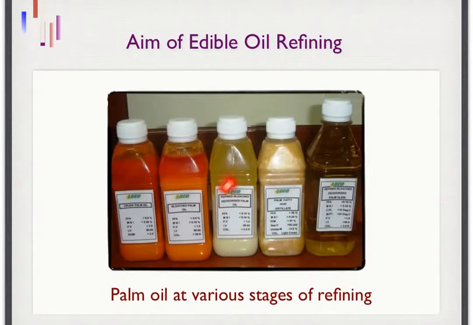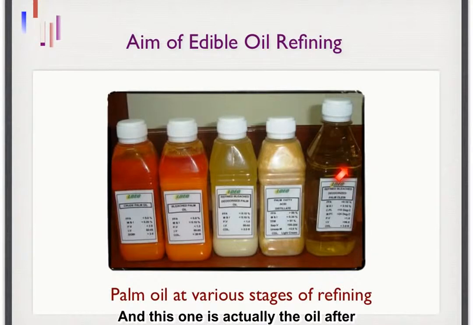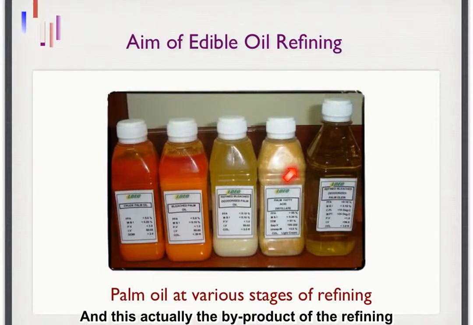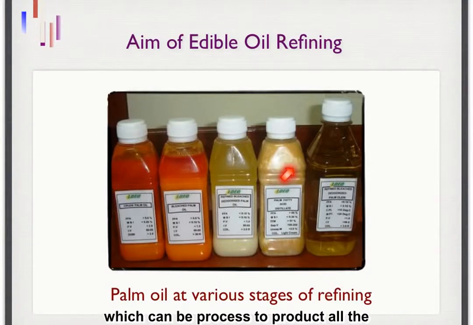You can see the color is much lighter. And this one is the oil after bleaching and after the deodorization process to remove as much as possible the color and the free fatty acid. So this is basically the refined oil, and this is the byproduct of the refining process, which is the fatty acid distillate, which can be processed further to produce other oleochemicals and to produce soap.